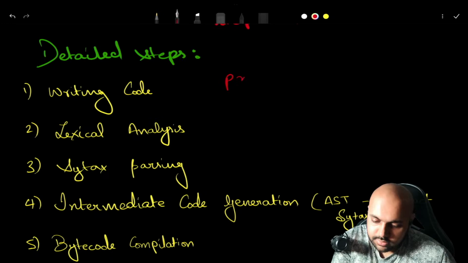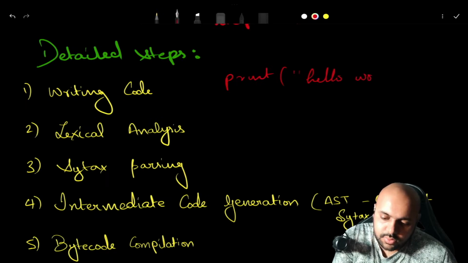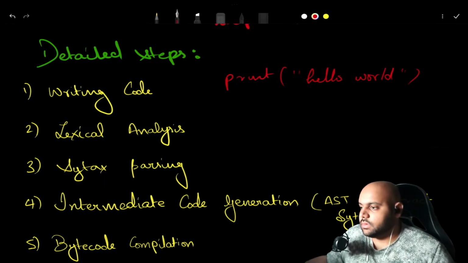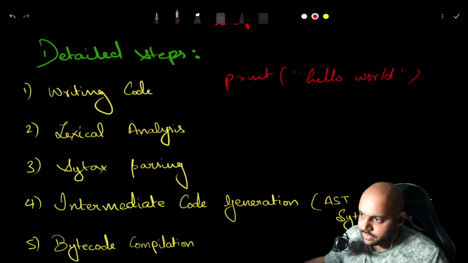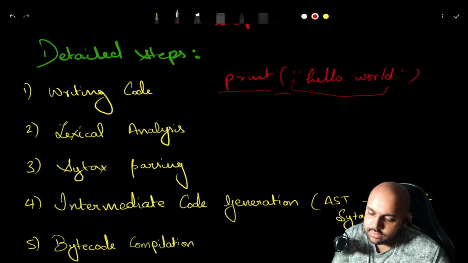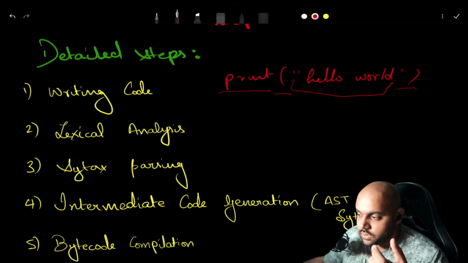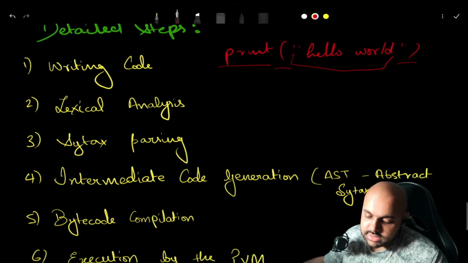If you write print hello world, here print is a keyword, and this is a delimiter, this is a string literal, this again is a delimiter, and it will be broken into these particular parts. Now the next step is syntax parsing.